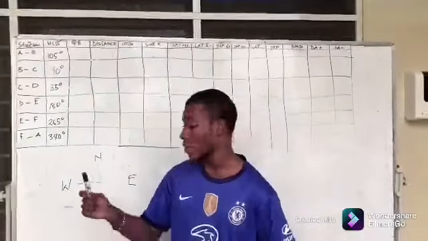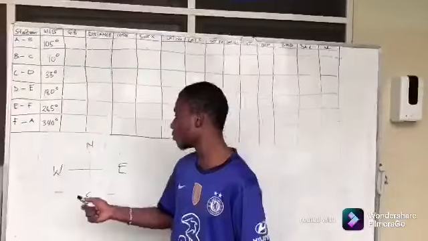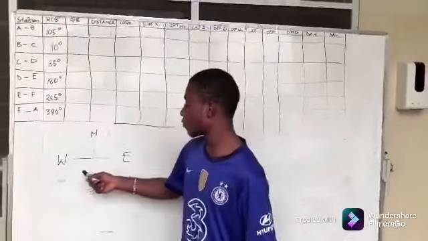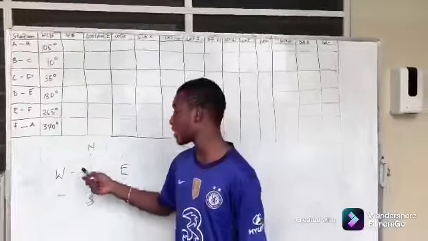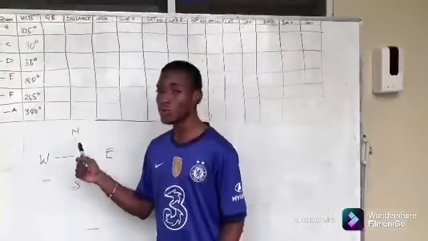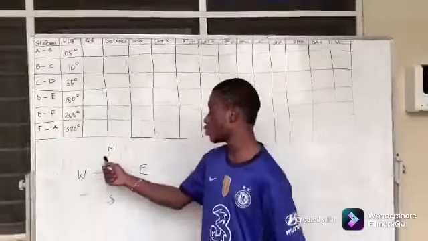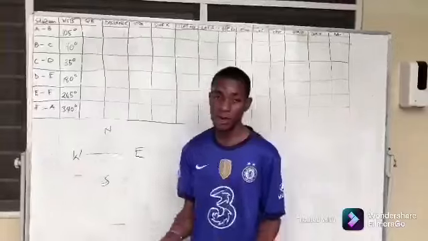And if it's equal to 270, that means it's due west. You see? The same applies to the fourth quadrant. If the bearing is greater than 270 but less than 360, it's in the fourth quadrant. But if it's equal to 360, that means it's due north. So this is what we are going to use to solve the quadrilateral bearing.